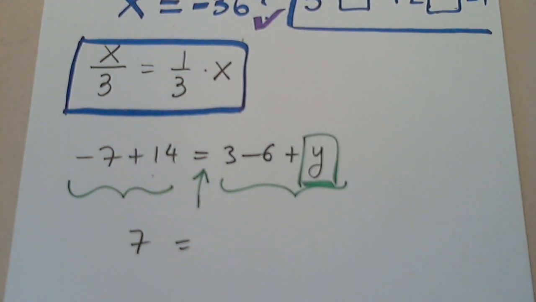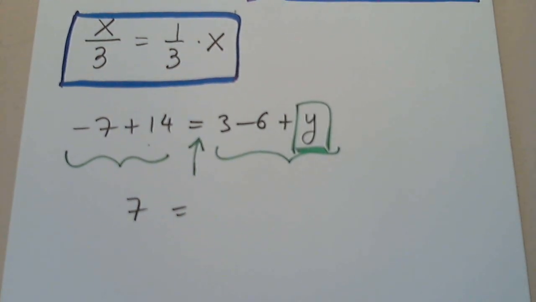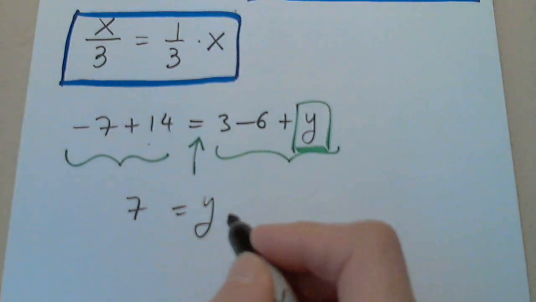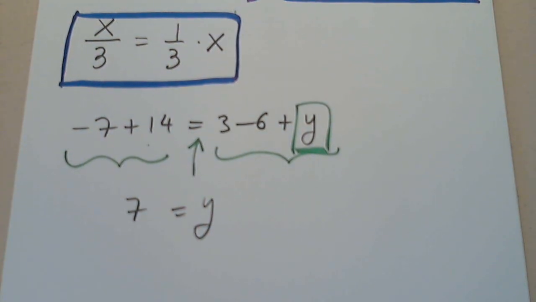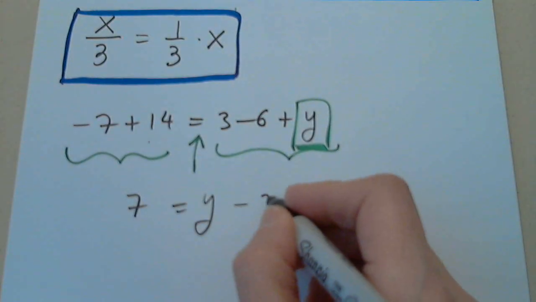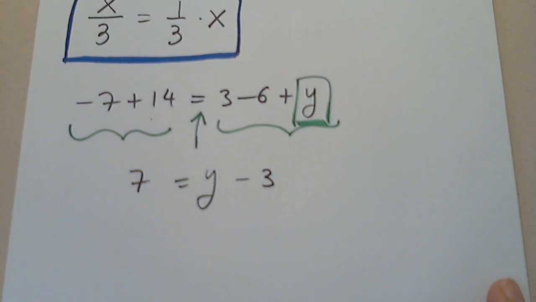Now let's simplify the right-hand side. In descending order, y, it's like x, the same thing, and 3 minus 6. What do we get? Negative 3. Perfect. Both sides are fully simplified.